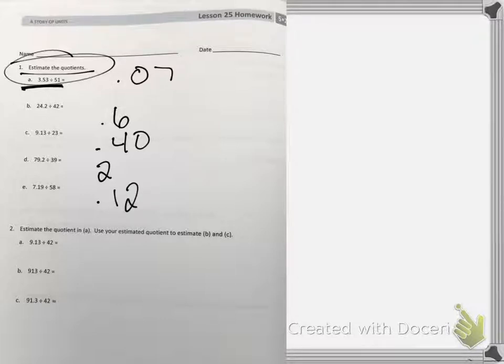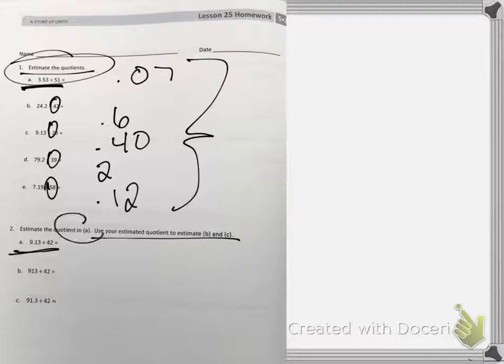Now, as long as they're close to these, they might not all round exactly the same way. If they follow the rounding rules, these should round to the correct thing. So that's one thing. And then estimate the quotient in A. Use your estimated quotient to estimate B and C. So they'll estimate this quotient. And now, if they don't understand how to use the quotient in A to answer these questions, they can still solve these questions just by following their rules.